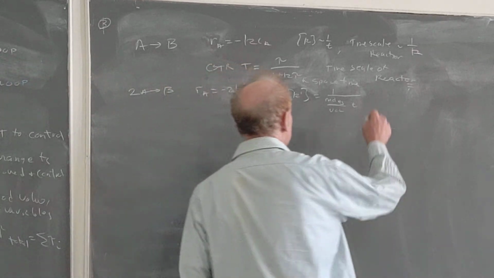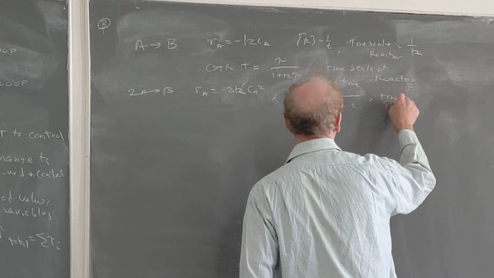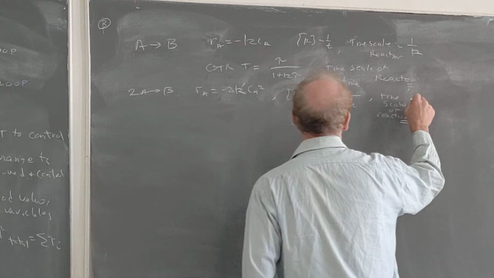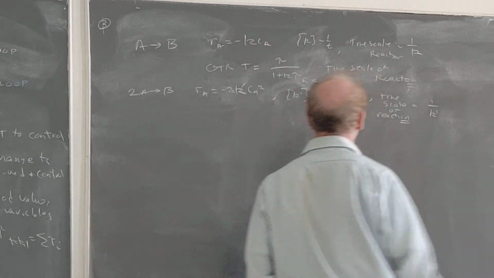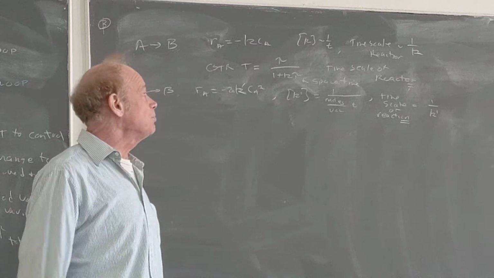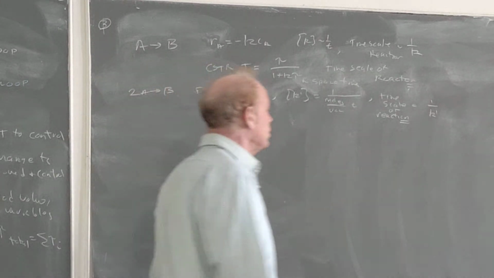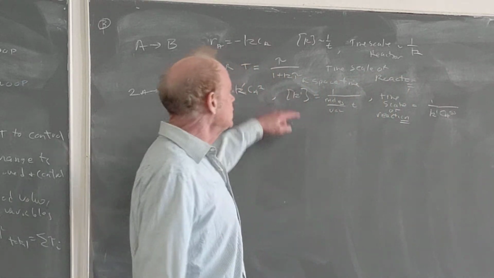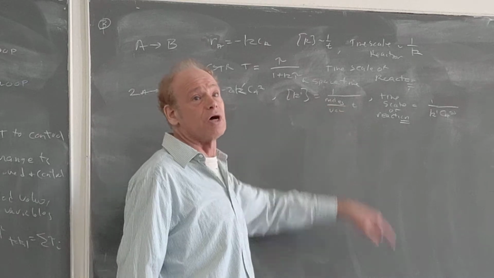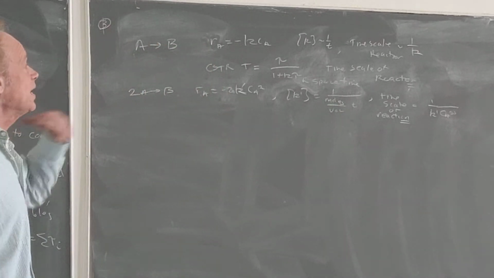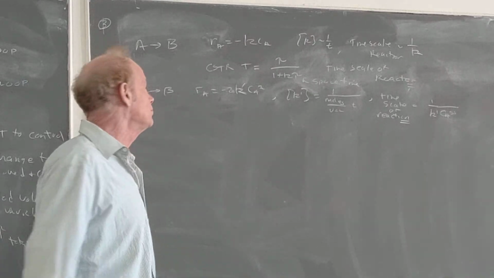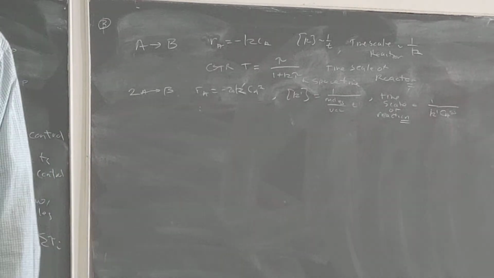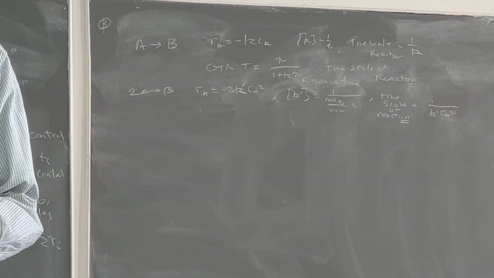And then if I want a time scale of reaction, that's equal to 1 over k prime, but I need to multiply k prime by a concentration, so I might multiply that by Ca steady state, because I need to multiply it by a concentration to get 1 over time. And of course, then I can use this to get the time scale of the reactor. So these are just how I get time scales for a particular system. Are there any questions on that?